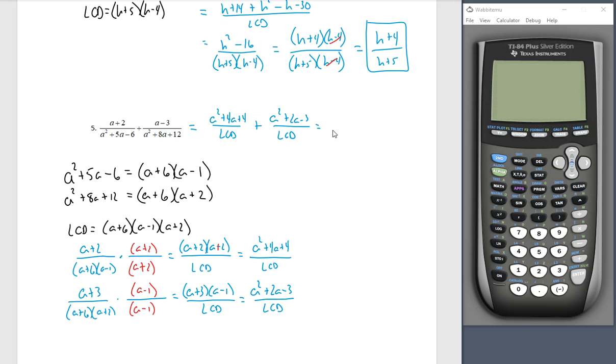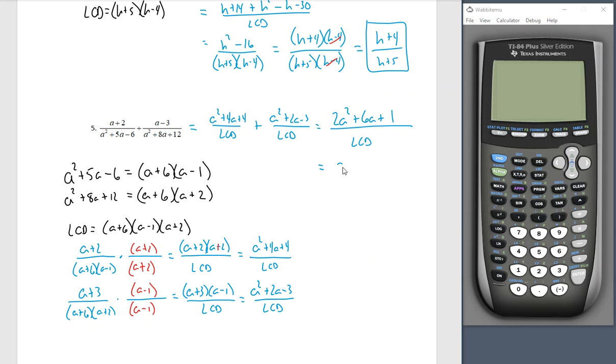Our first step, that LCD stays the same. And now that I'm working with numerators, I'm only going to use that LCD so I don't think about the denominator at all. When I add these together, I'll have 2a squareds. 4a and 2a is 6a. 4 minus 3 is 1.